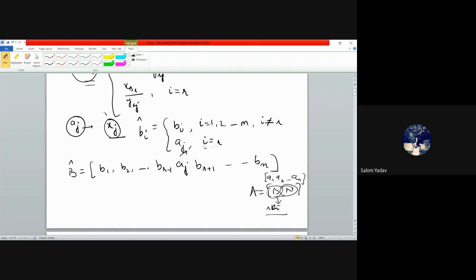So we picked some AJ from N and incorporated it in this new one. That means now your A is a new one, B cap, N cap, where B cap is defined like this, so that instead of BR now, you have AJ. This AJ has come from this N. And where did this BR go? Definitely into this N cap, right? Whatever are the remaining are in N cap now, and BR has been replaced by AJ in this B. So this becomes my new basis, right?